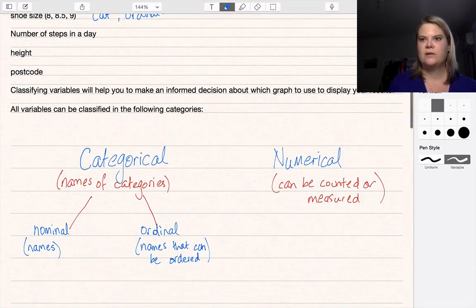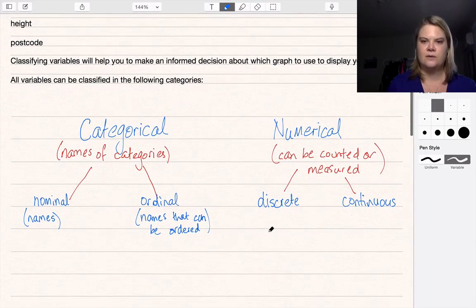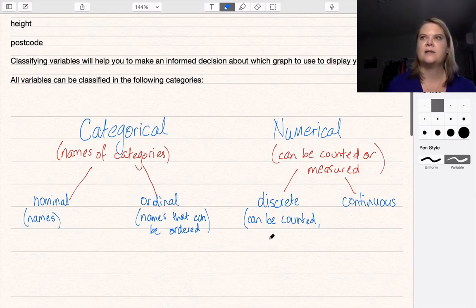If we look over at numerical data, we can further break this down into either discrete or continuous data. Discrete data can be counted, and often it's useful to think about can you get halfway points in between data points.